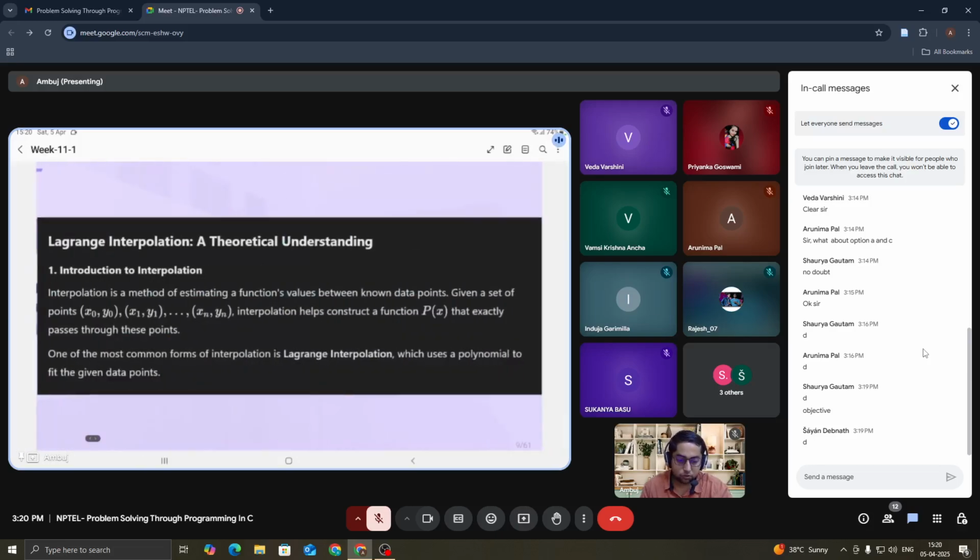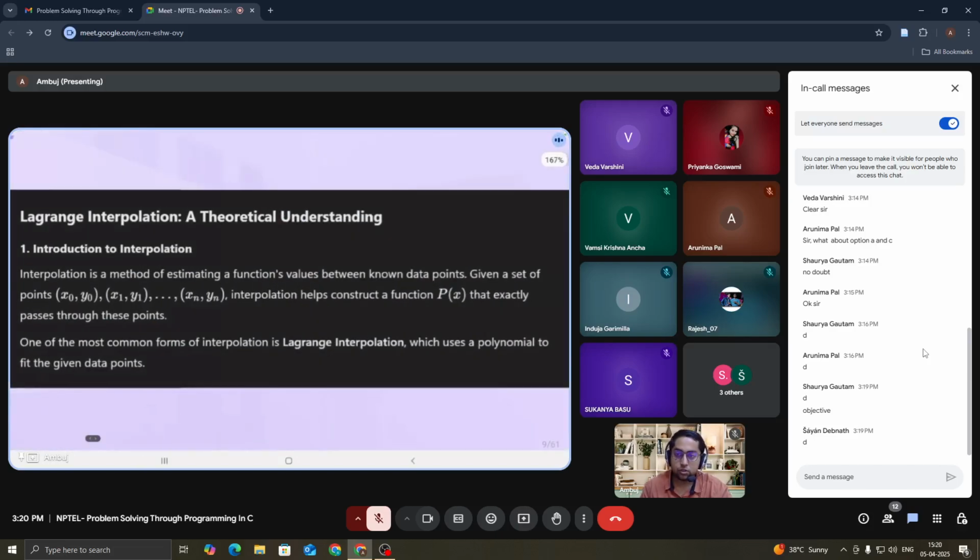First of all, understand what a Lagrange interpolation or Lagrange polynomial is. First, understand interpolation. It is a method for estimating function values between the data points. I already told you. Given a set of data points x naught y naught, x1 y1, similarly up to xn yn, the interpolation helps us to construct a function, which is the polynomial p of x, that exactly passes through all these points.